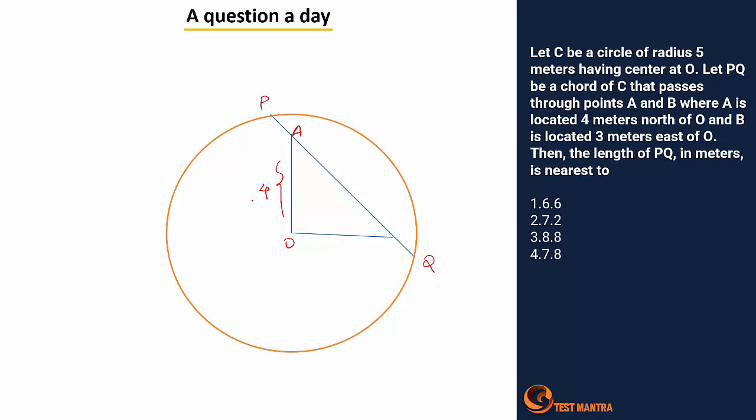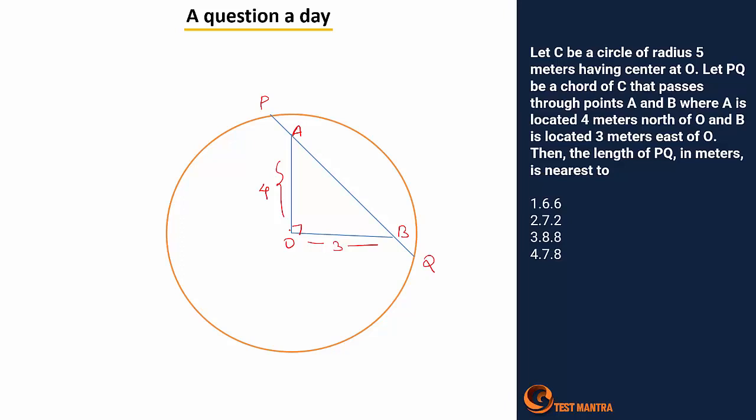And B is located 3 meters east of O. So B is at this point, and definitely it's a right angle triangle available here. So this is my figure. Then the length PQ in meter is nearest.